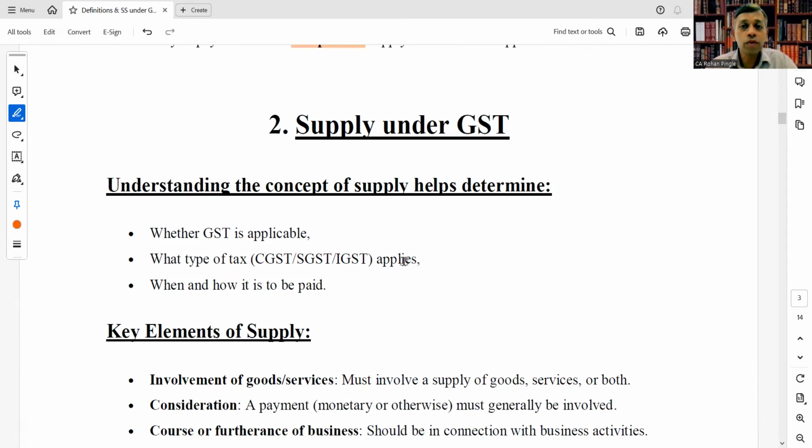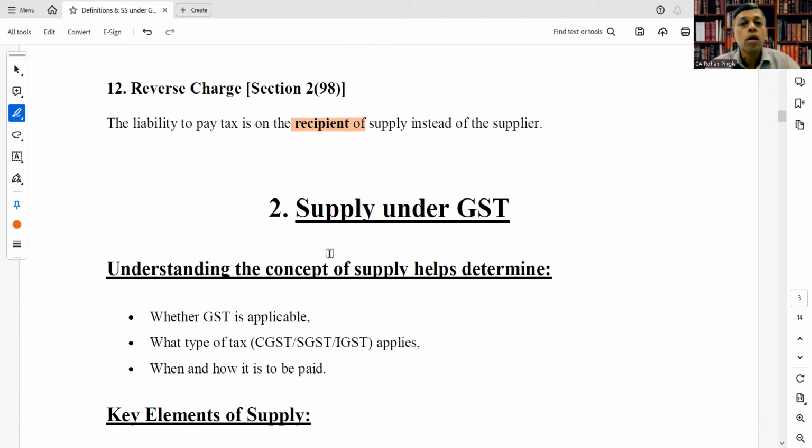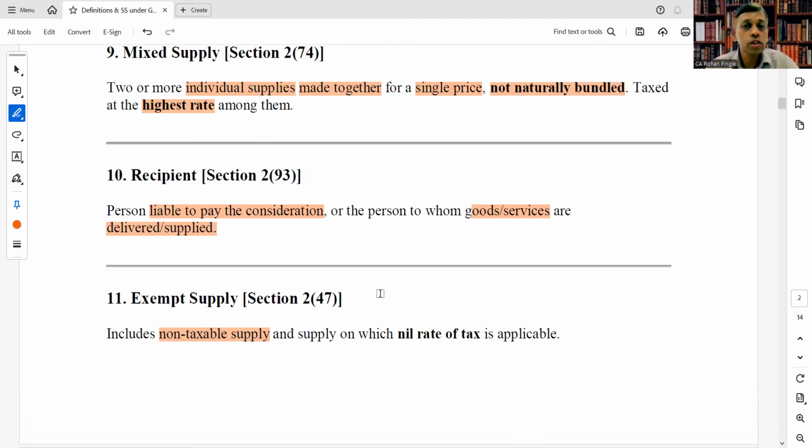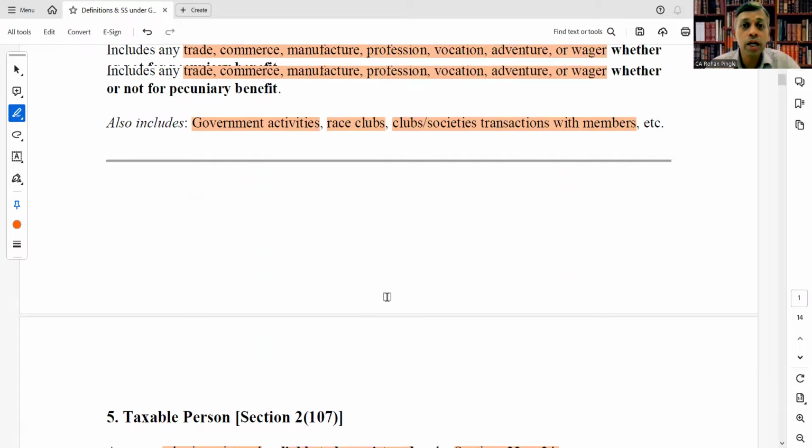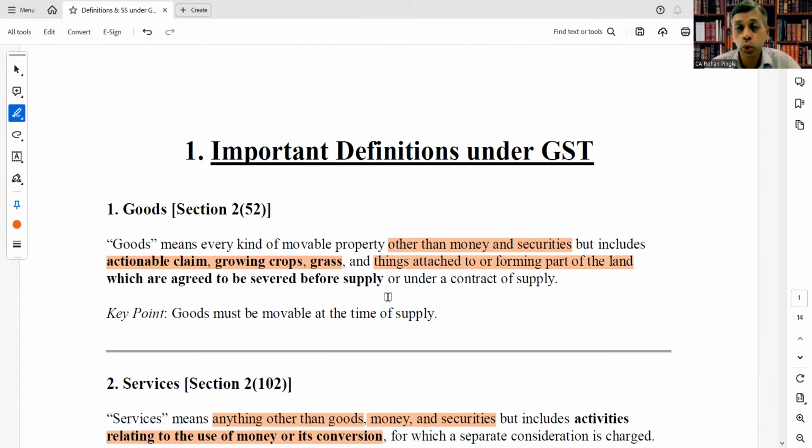Before moving to the next topic, supply under GST, we will just revise whatever definitions we have learned today.